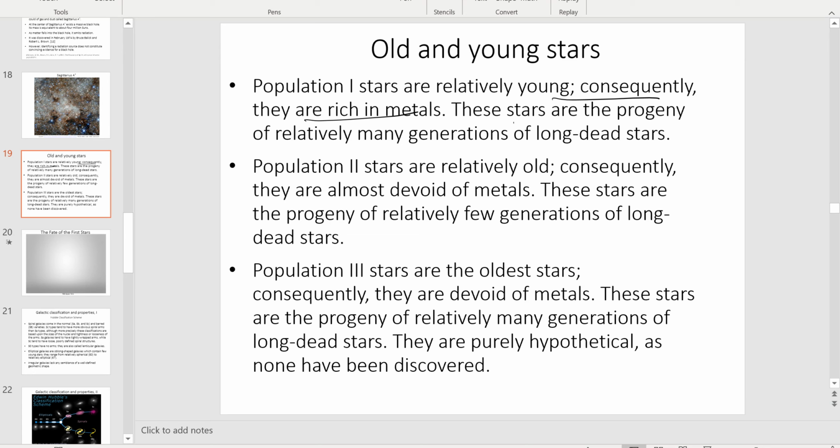Therefore, the sun, for example, and the whole solar system in which we live, is actually the progeny, the child, if you like, and the great-grandchild, etc., of many generations of long dead stars. This explains why we have some really heavy elements on Earth, for instance.